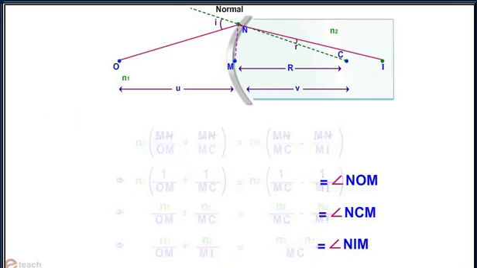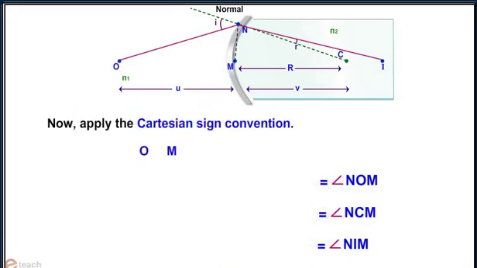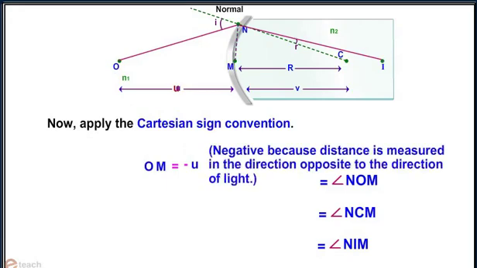Now, apply the Cartesian sign convention. OM equals minus u, negative because distance is measured in the direction opposite to the direction of light.